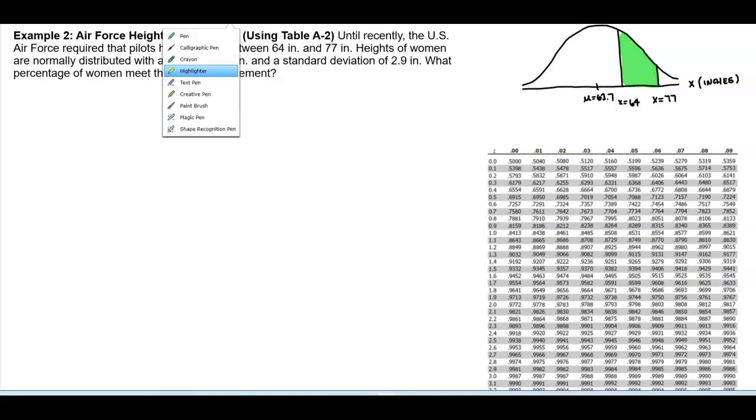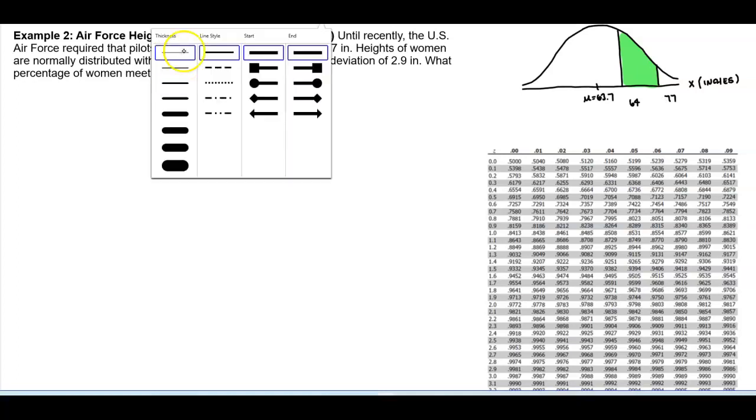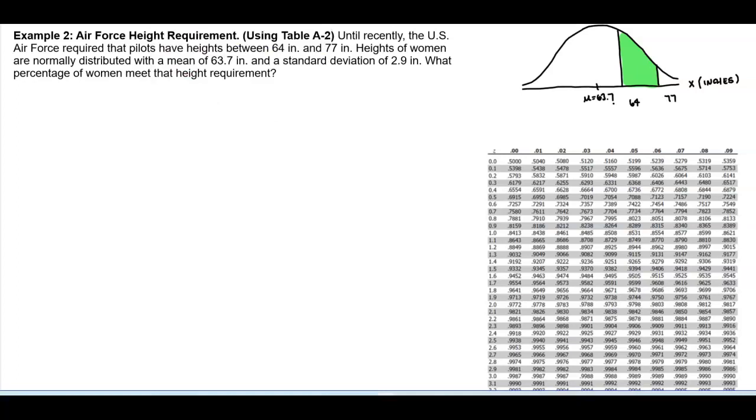Since we have two x values, the first one represents x1 and the second one is going to represent x2. So let's label that: x1 equals 64, and x2 equals 77.